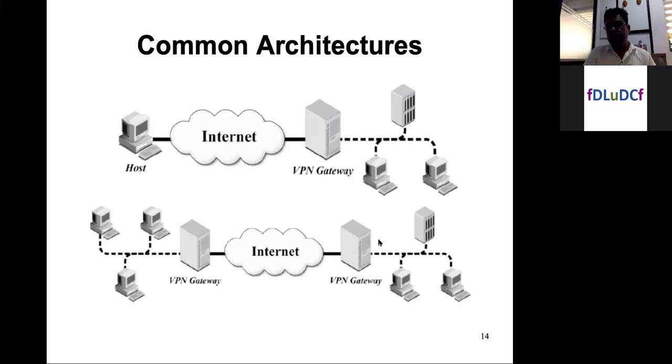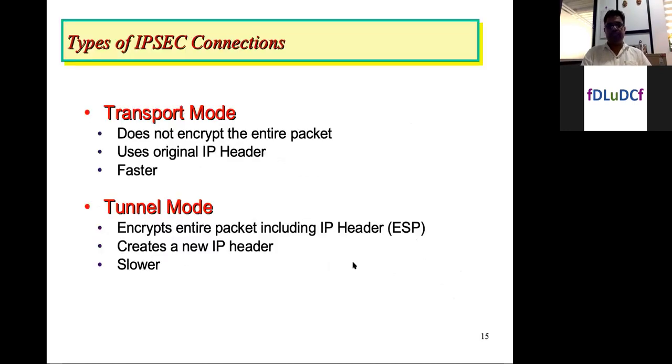This original IP packet is put back into its network, and since it has the destination IP, the packet knows how to reach the correct destination. That is usually tunneling mode. So the VPN gateways basically use IPsec in tunneling mode. In the transport mode, we are not encrypting the IP header, we only encrypt the data.